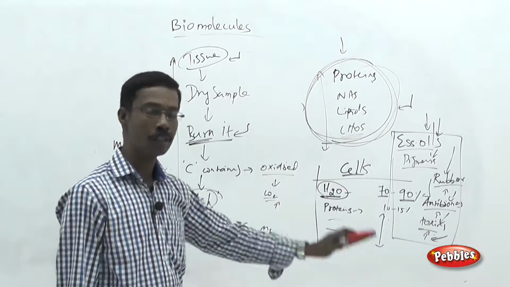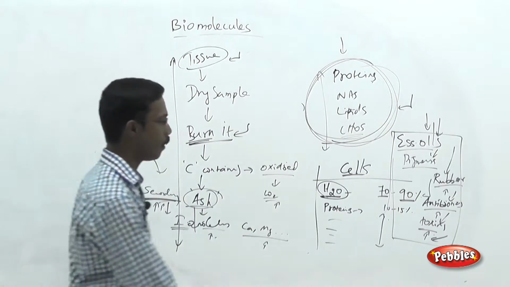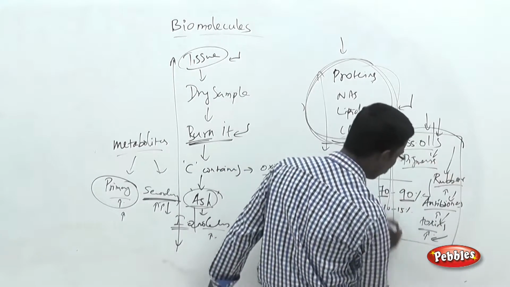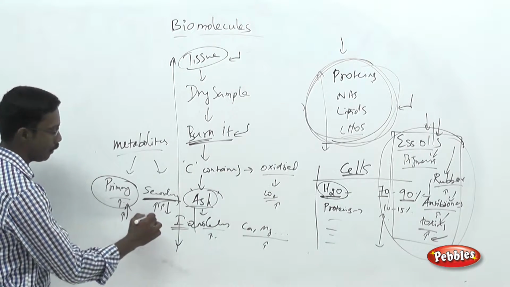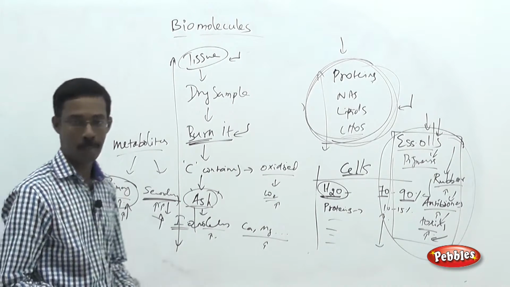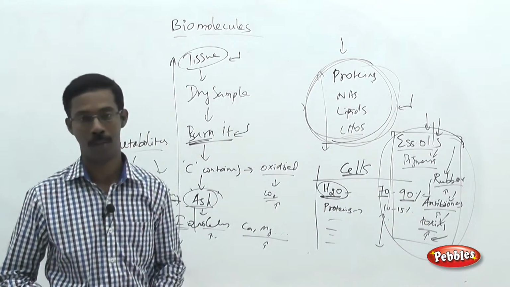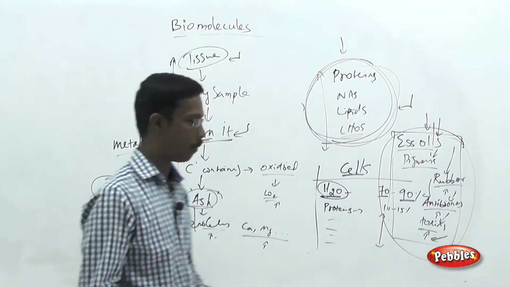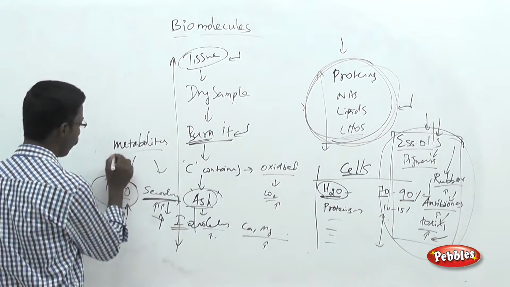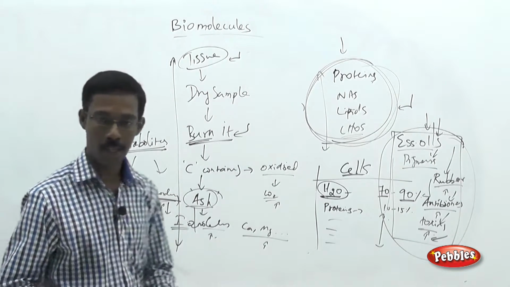Without these compounds the plant and bacteria can survive, but they need these additional molecules other than the primary metabolites. Normally these molecules are involved in human welfare, that means we use these compounds for human needs. So the point you have to remember here is the terms primary and secondary metabolites.